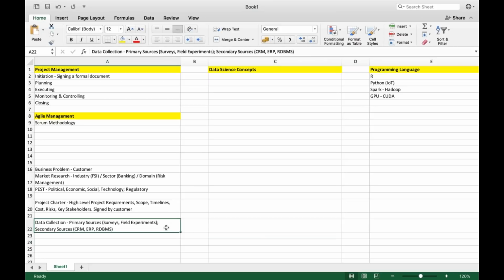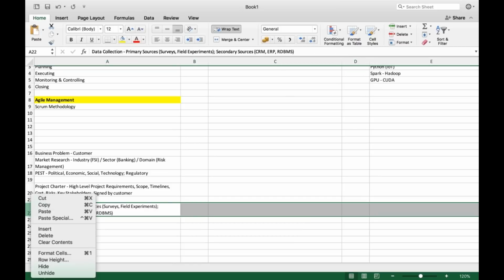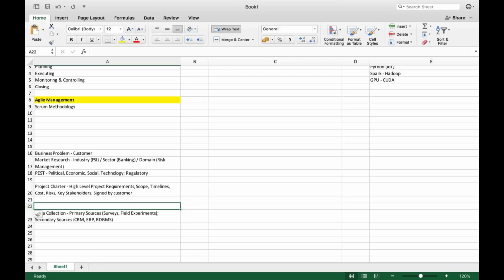Okay. So once you get the data, and even before you do this part, data collection, you should be at a high level clear on what kind of variables might make sense for your analysis. Find out the variables which are applicable for analysis.